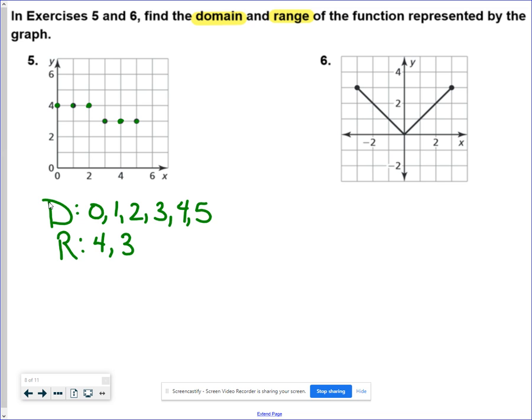When I have something like this that's called a continuous or a connected graph, I can't possibly list all of the x's and all of the y's. We use what's called a compound inequality for this. When I'm trying to decide what the domain is, let's just start with that. I want to know what x's are being used. So the lowest that this gets for my x's is -3. And then the highest that this gets is +3.